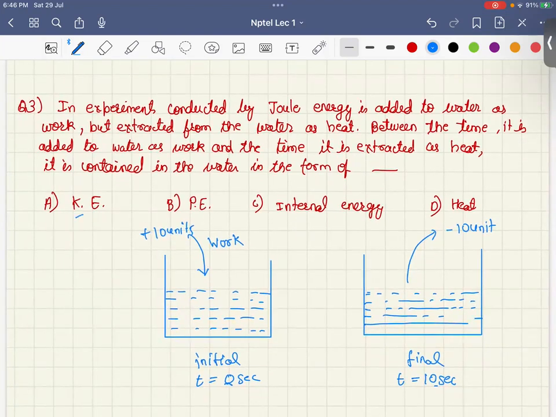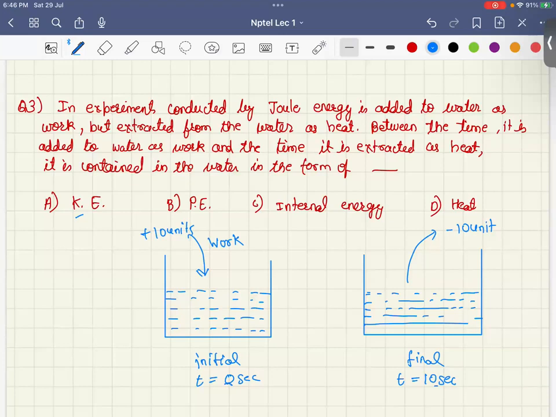Whether it's kinetic energy, so whatever amount of work we are adding, is the kinetic energy of the system going to increase, or the potential energy, or the internal energy, or the heat? I hope the question is clear to everyone. If you have any doubt, you are free to ask.